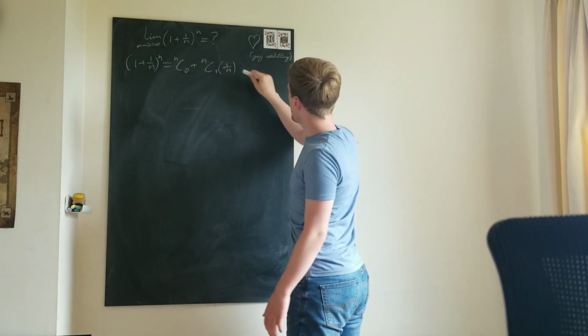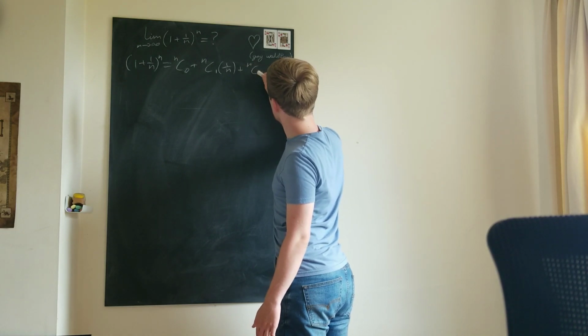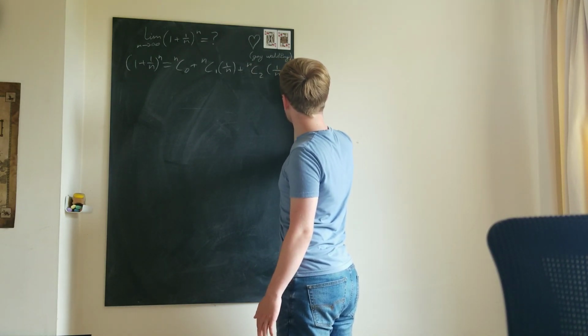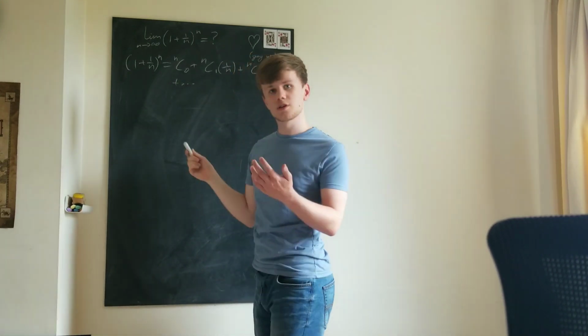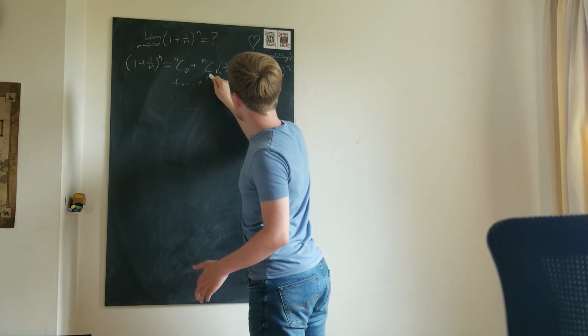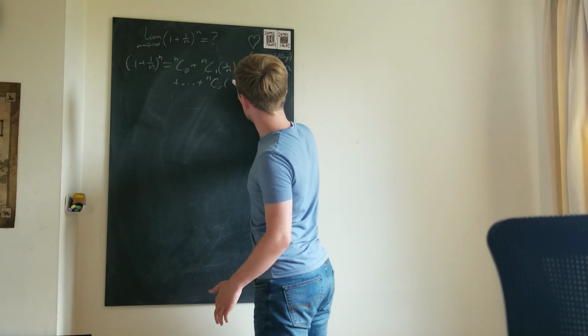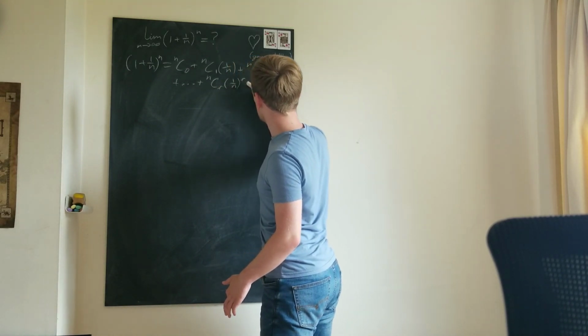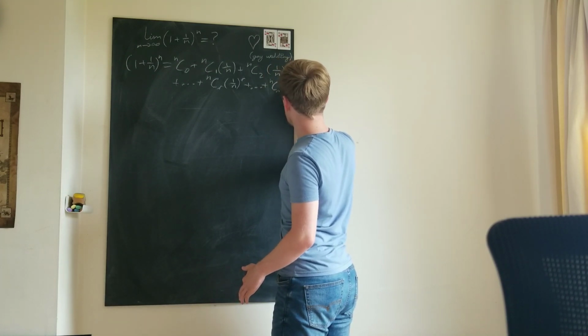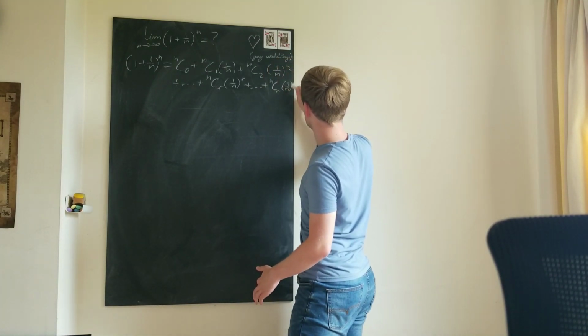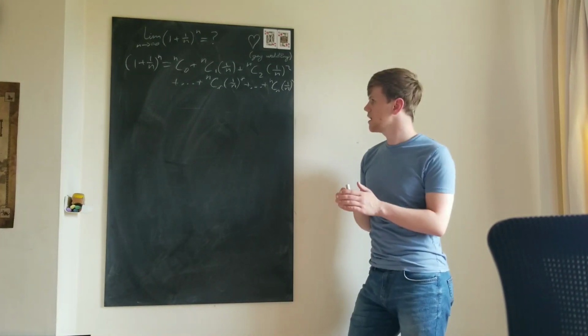Next term after that will be n choose 2 times 1 over n squared. And we'll have lots of terms. Our general term will be n choose r times 1 over n to the r, and our last term will be n choose n times 1 over n to the n. Running out of space there, but that's fine.